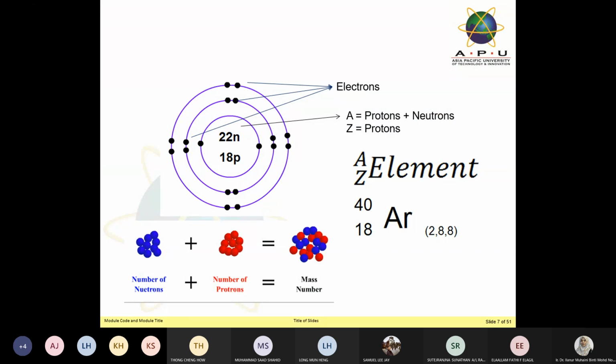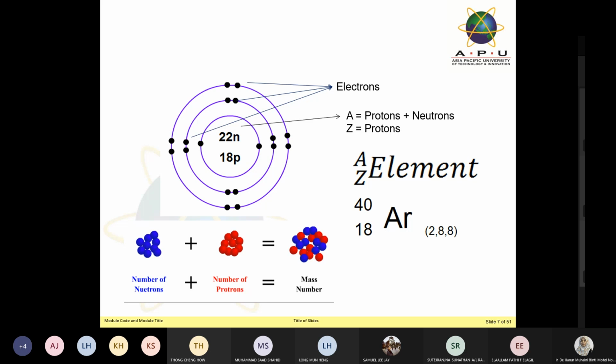Right here. 2, 8, 8, 2. Shell name. Shell name: K, L, M, N. Okay, shell name is KLMN.